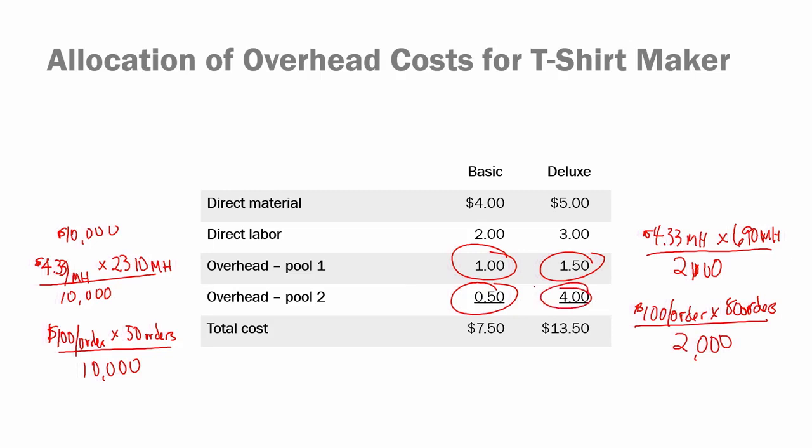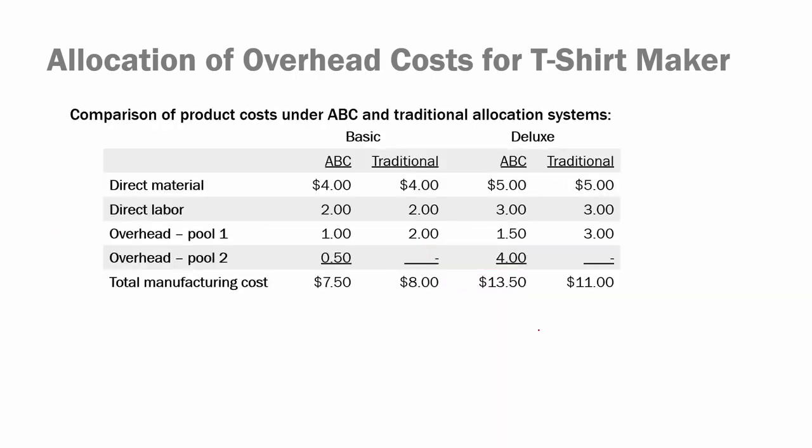So with this system, the total manufacturing cost of a basic t-shirt is $7.50, and the total manufacturing cost of the deluxe t-shirt is $13.50. Now, it's important to note that this compares to $8 under that prior traditional system, where we allocated all $26,000 of overhead based on direct labor.